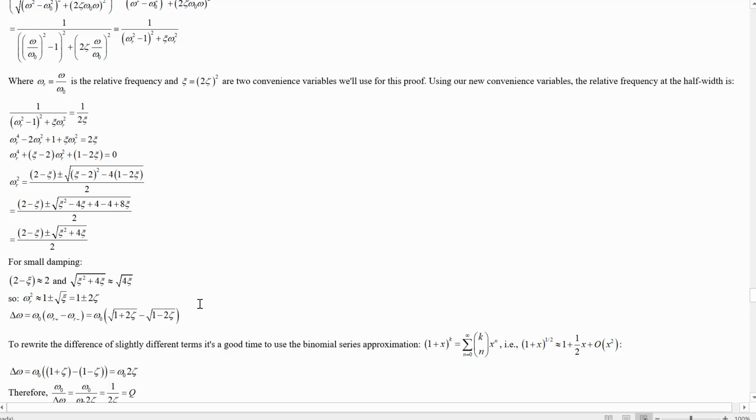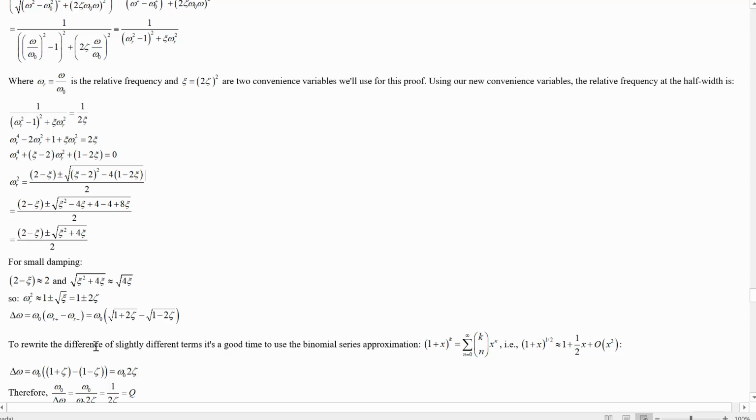So that means we can get that this is essentially 2 plus or minus just root of 4xi, and then letting the 4 come out and cancel and become a 2, and then all the 2's cancel. We're left with 1 plus or minus root xi, which is 1 plus or minus 2 zeta, considering what xi was. Okay, so then the omega r's are 1 plus or minus 2 zeta.